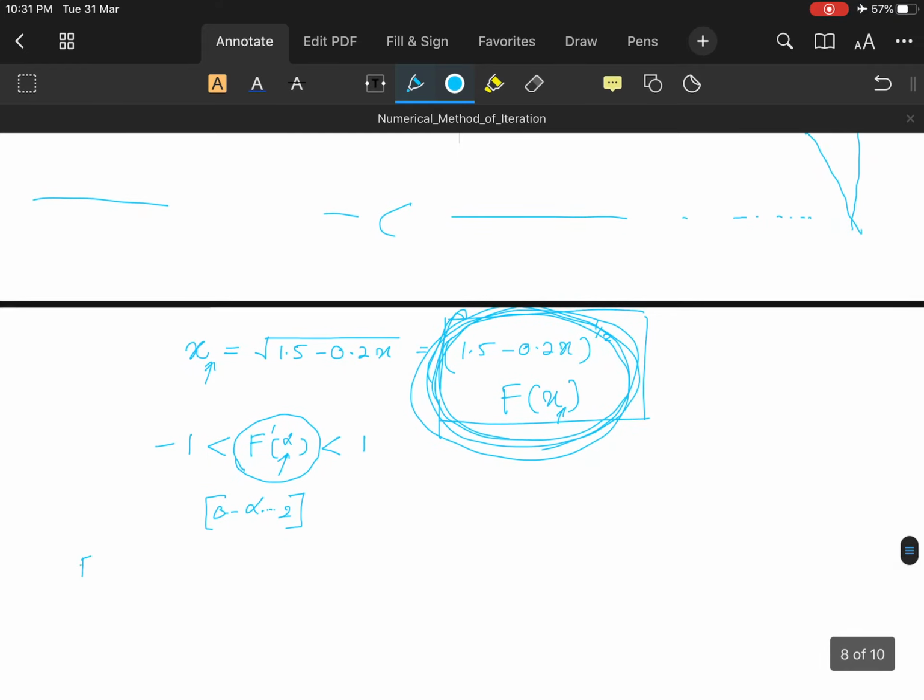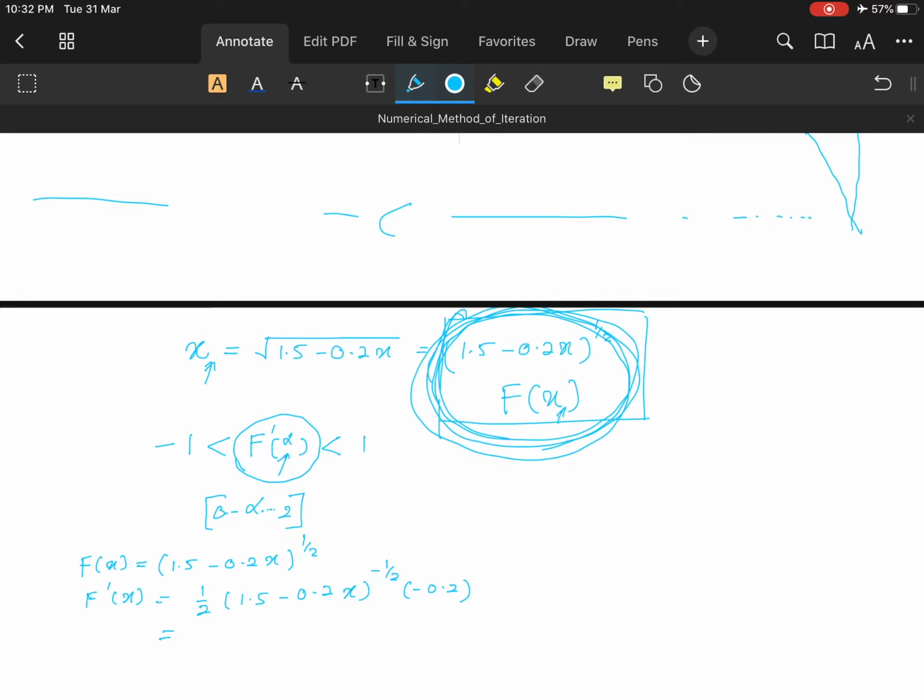Let's say now f(x) equals 1.5 minus 0.2x to the power of 1/2. We differentiate that once, so we have 1/2 and also negative 0.2. I hope you know how to do differentiation here.